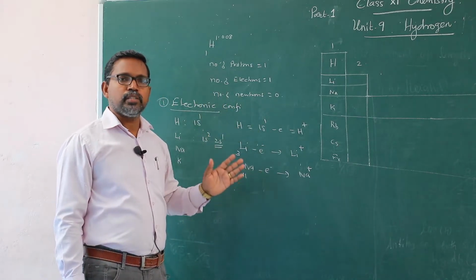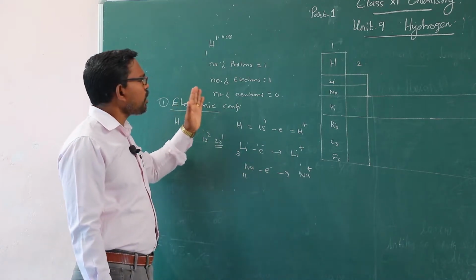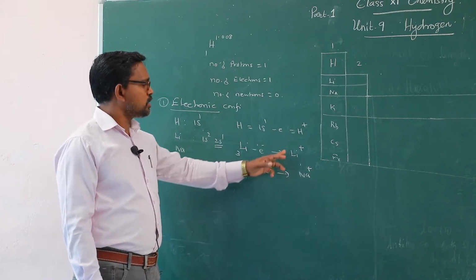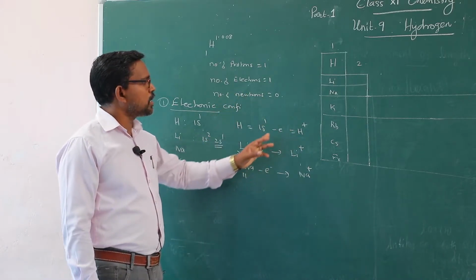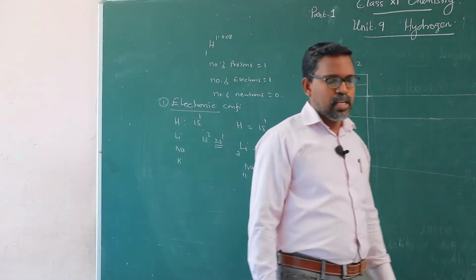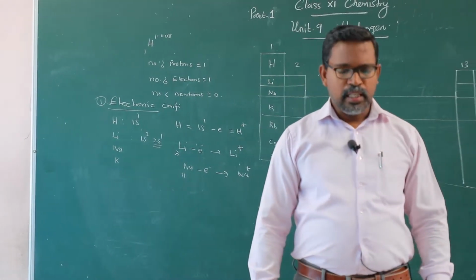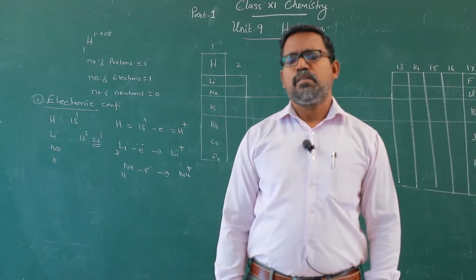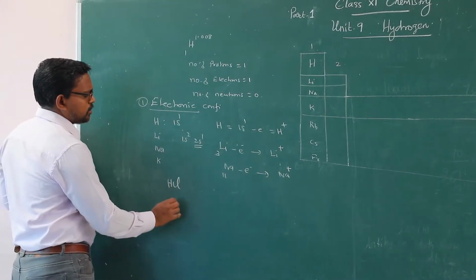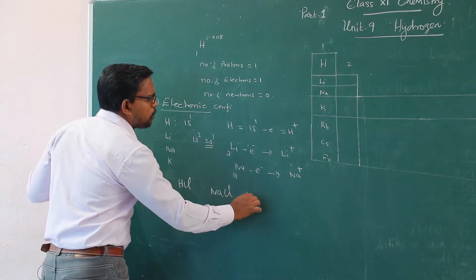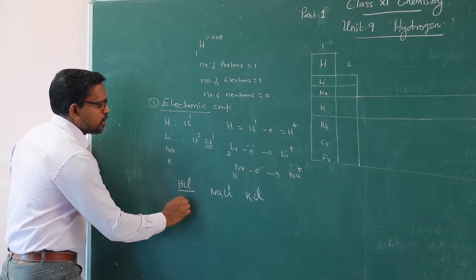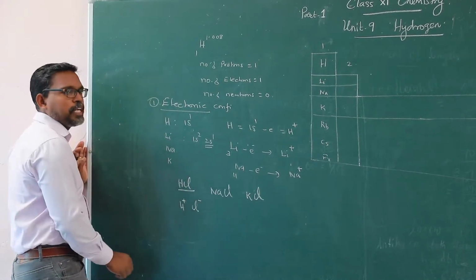So, the electropositive nature is the second point in which hydrogen resembles alkali metals. The next is valency. All the alkali metals show a valency of +1. Similarly, hydrogen also shows a valency of +1. Then the compound forming nature, for example, hydrochloric acid, sodium chloride and potassium chloride. In hydrochloric acid or hydrogen chloride, hydrogen exists in the +1 oxidation state, chlorine in the -1.